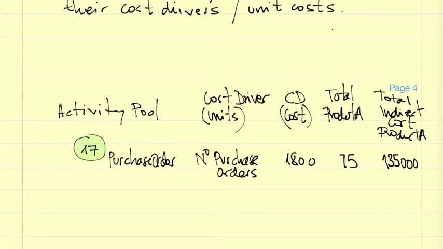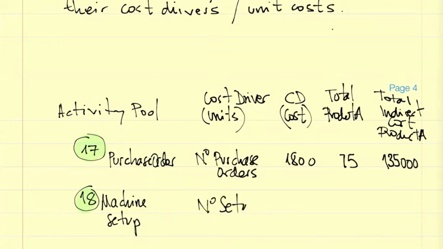We say machine setup, then we identify the KPI, the number of setups. Each one costs 1,500. We have made 150 setups, so this gets us to 200,025.